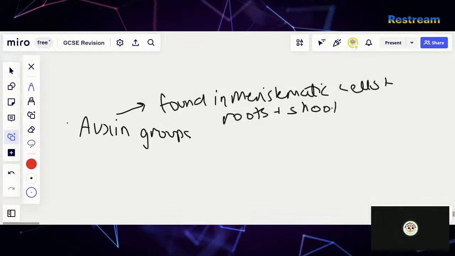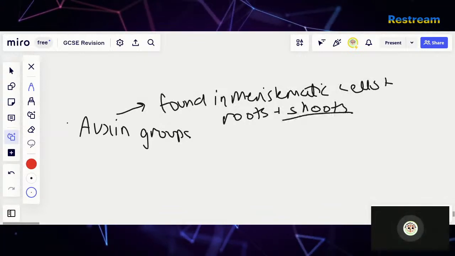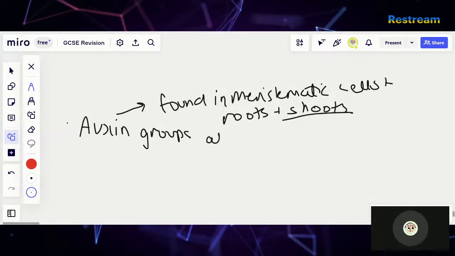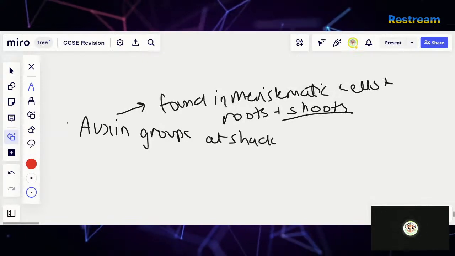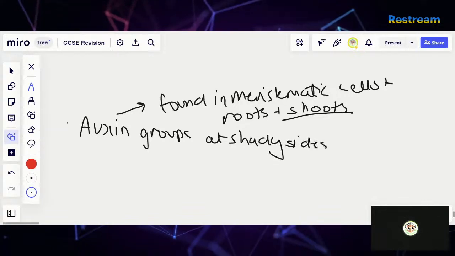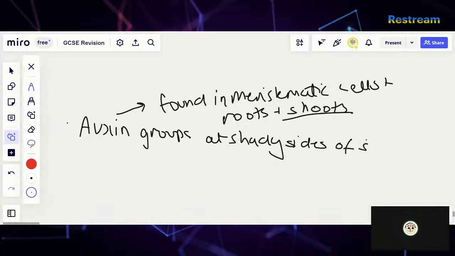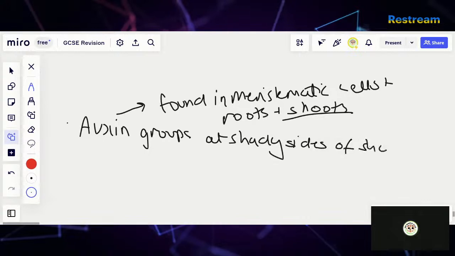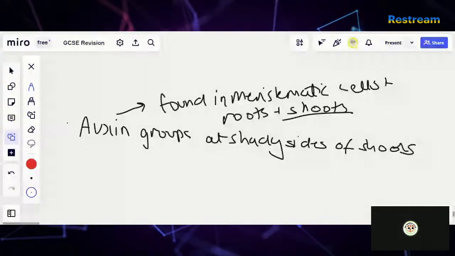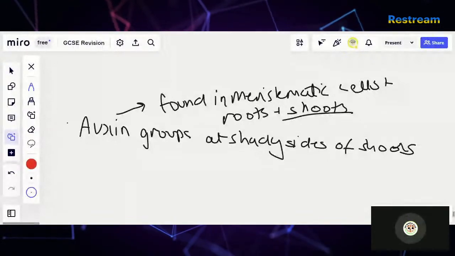And in this case, we're looking at the importance of it at the shoots. So auxin then groups at the shady sides of the shoots. And this is because of light. So light stimulates it to do this.